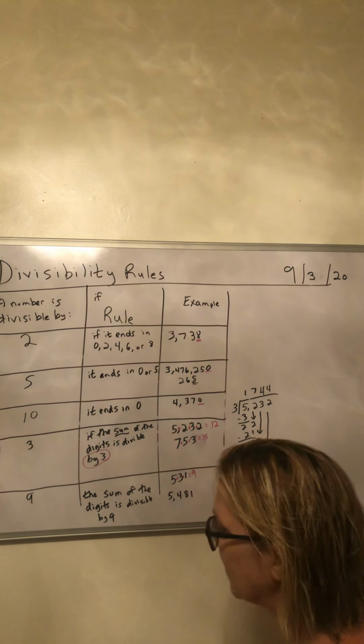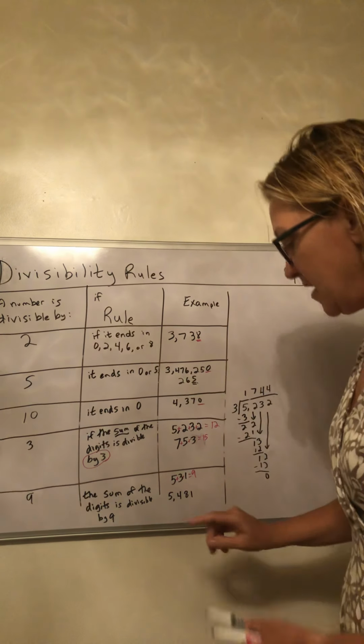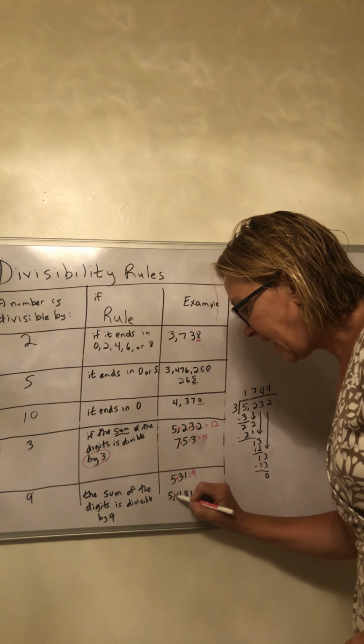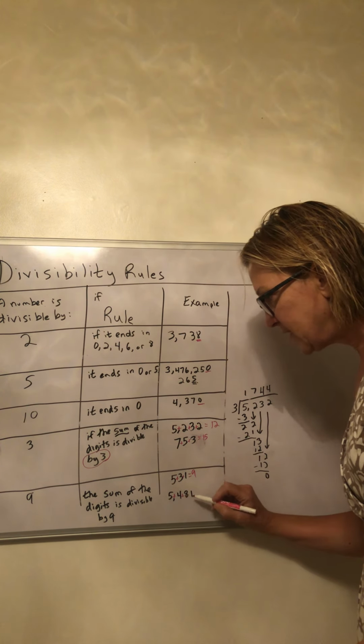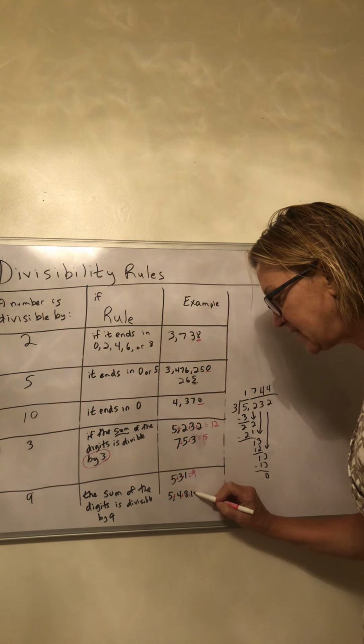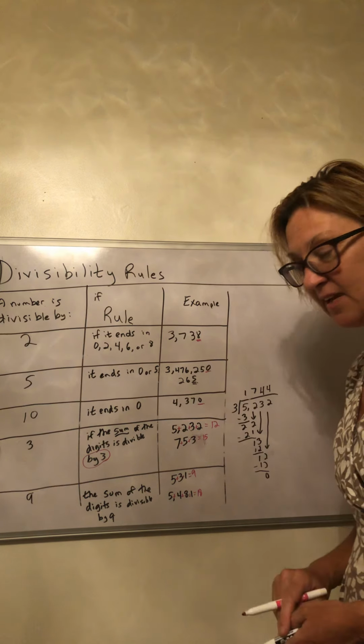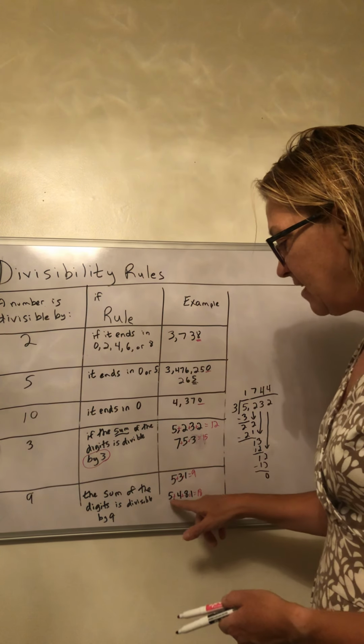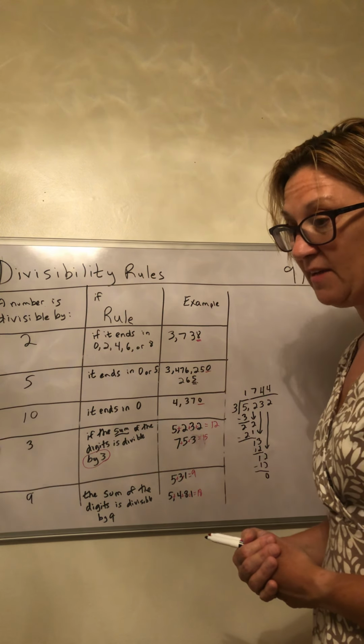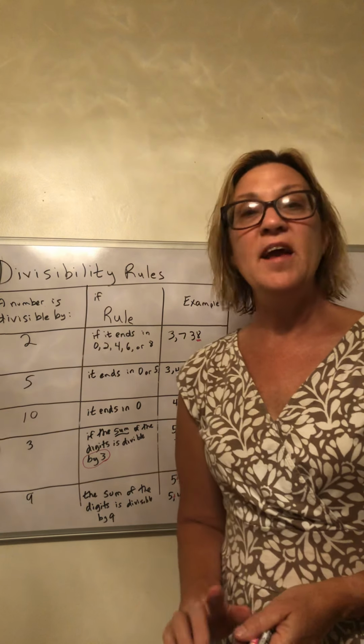And it doesn't always have to end in a 1, but I just happen to do that. So 5 plus 4 is 9. 9 plus 8 is 17, and 17 plus 1 is 18. Since 9 goes into 18 evenly, 9 will also divide 5,481 evenly. Okay, I'm going to stop there.